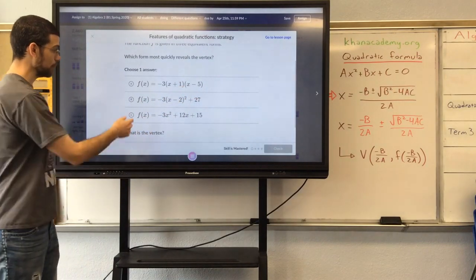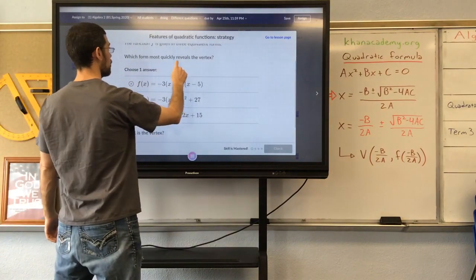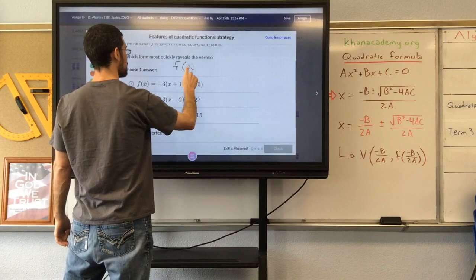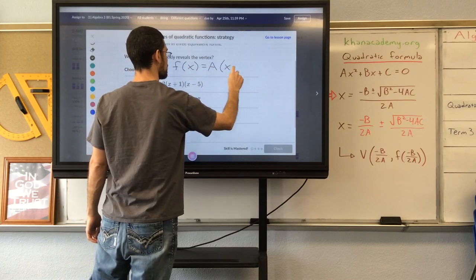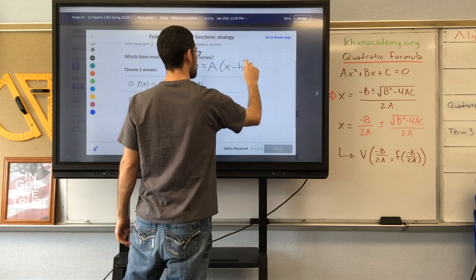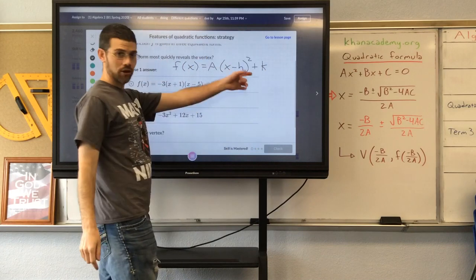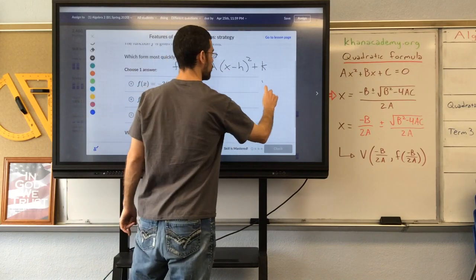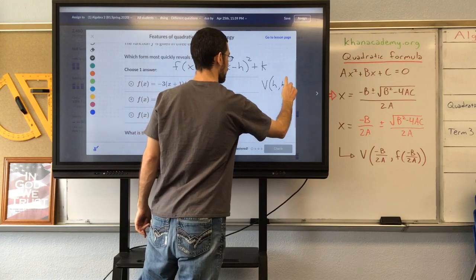That's vertex form. In vertex form, you have, in general, f of x equals a times x minus h squared plus k. And we know from the vertex form that the vertex is located at h, k.